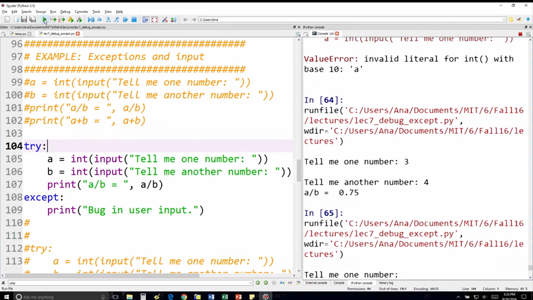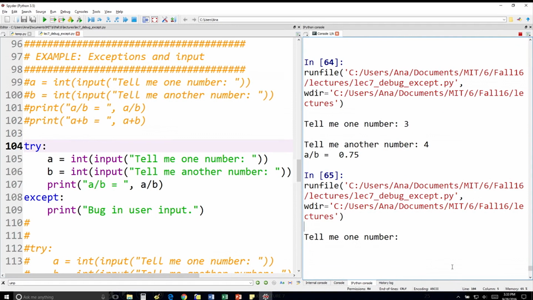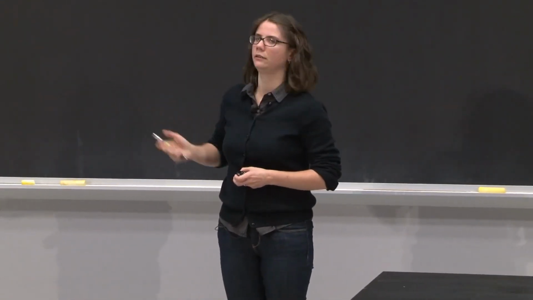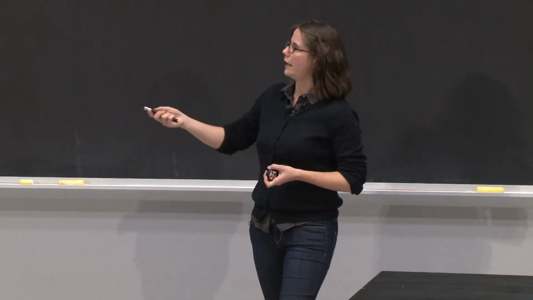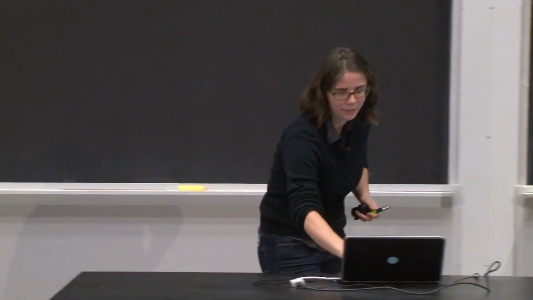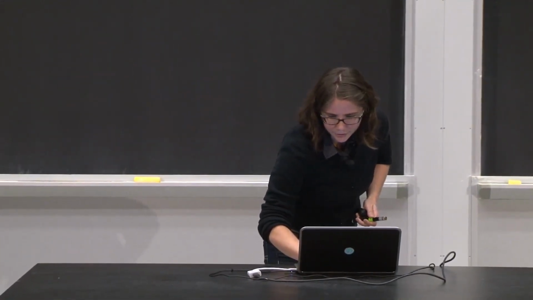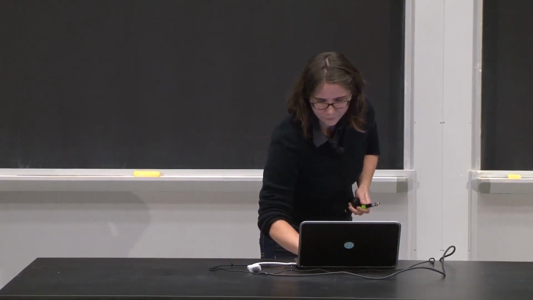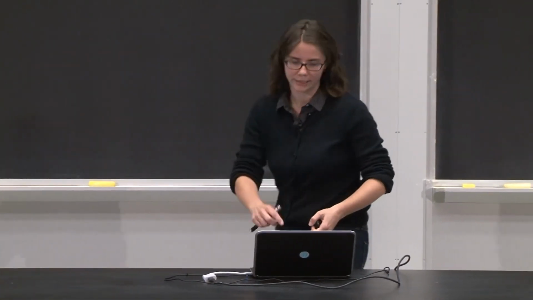But if I'm being a cheeky user and I say 3, automatically this would have raised a value error in the previous version of the program. But in this version of the program, the programmer handled the exception, or caught the exception, and printed out this nicer looking message. So bug in user input is nicer than this whole lot here, right? A lot easier to read.